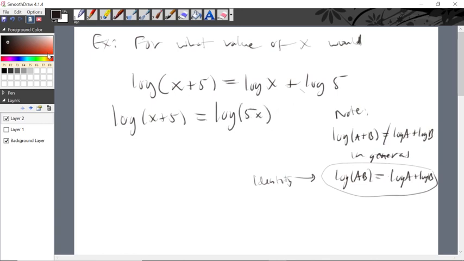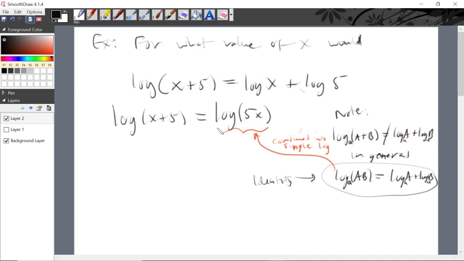So we can use that law in order to simplify the right-hand side. We've combined into a single log, and we required the same base in order to combine them. So this should have been the log base a in general, like that. They have to have the same base in order for them to combine.